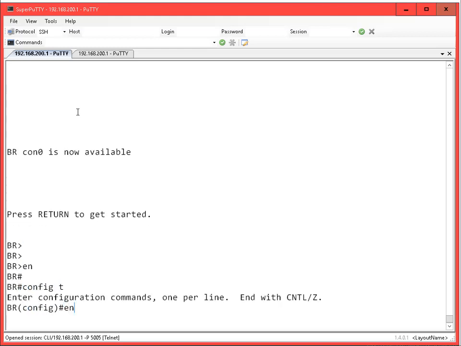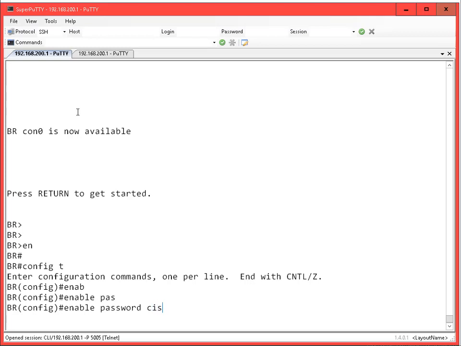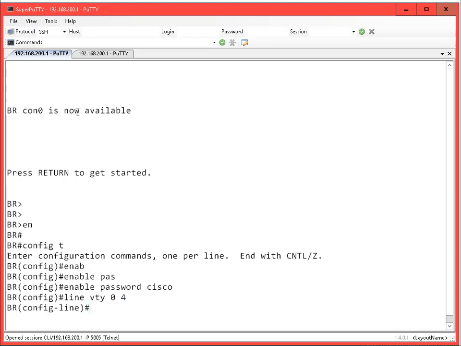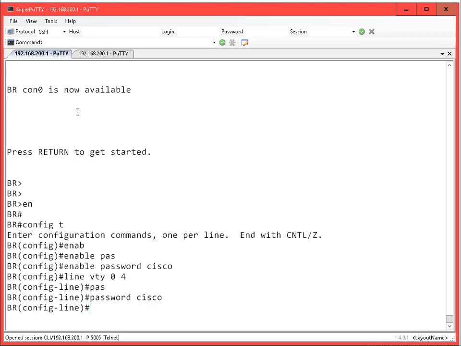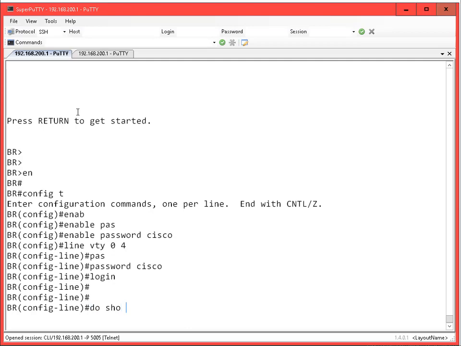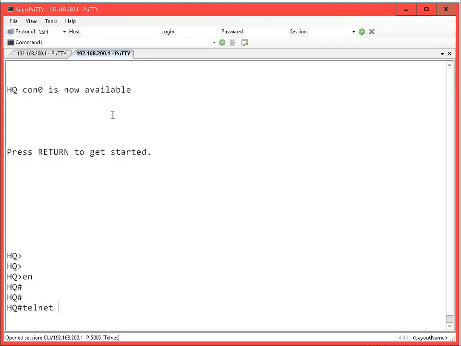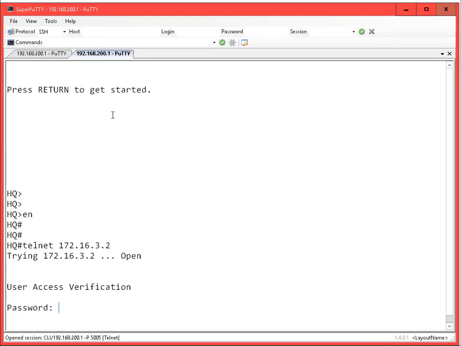Actually, I'm going to have to configure my enable password and my line vty password, cisco, login. Do show ip interface brief. I have to telnet to an interface I'm not going to turn off. I'll telnet to 3.2 for now. Okay, so 172.16.3.2.